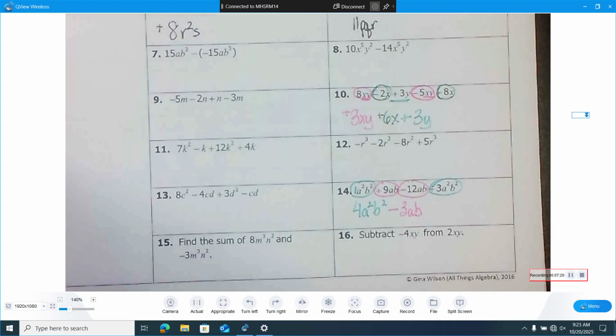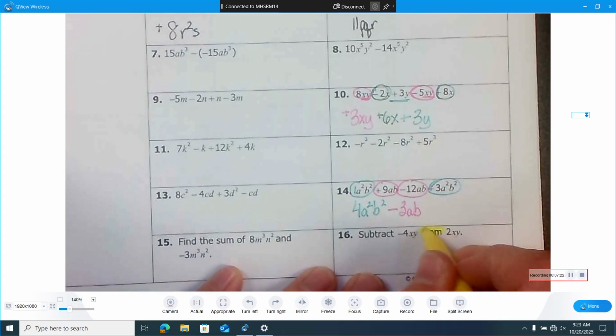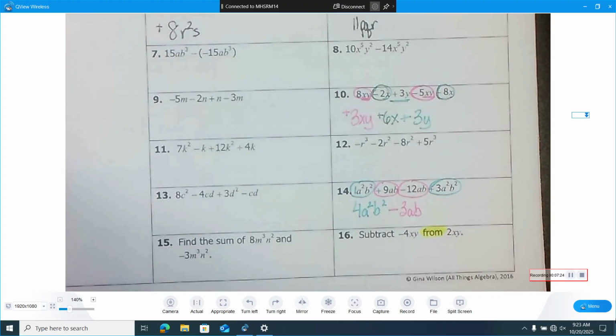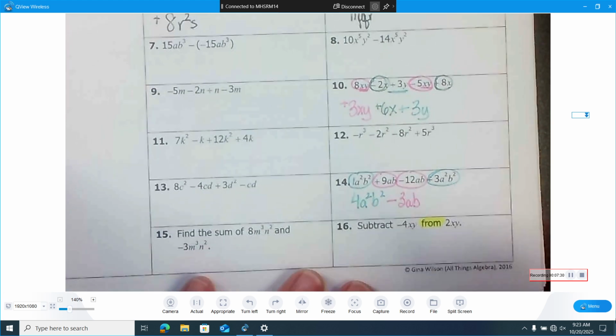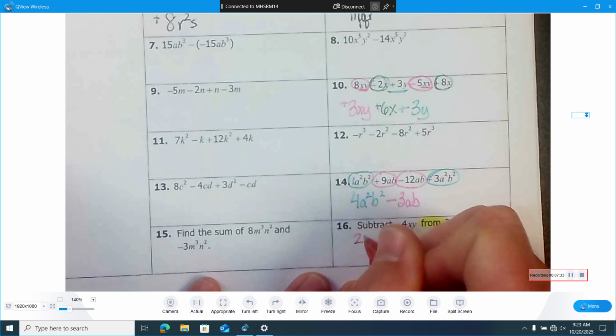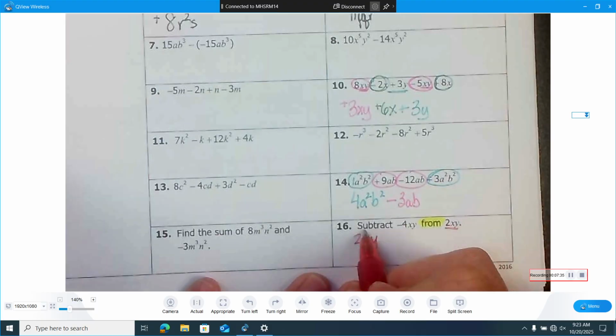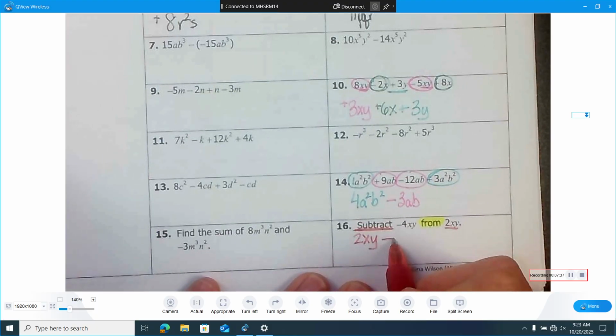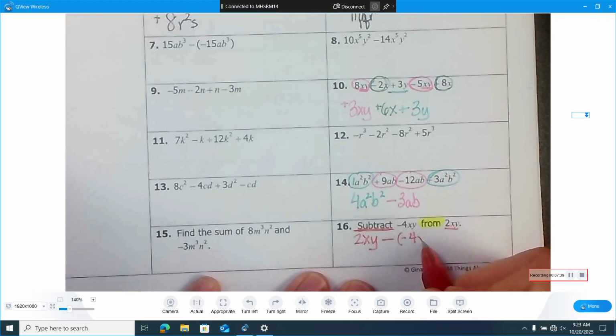Number 16, subtract minus 4xy from 2xy. How should we write this mathematically? What should come first? The 2xy has to come first, and then we have to subtract the negative 4xy.